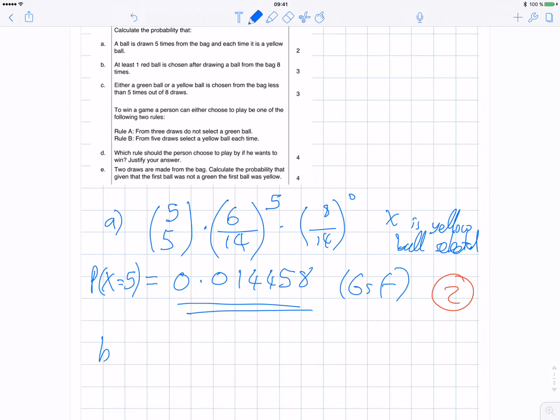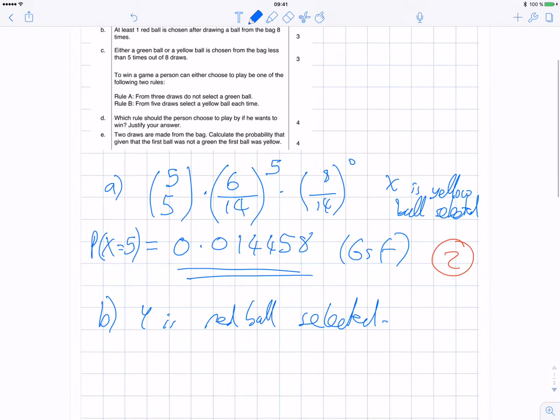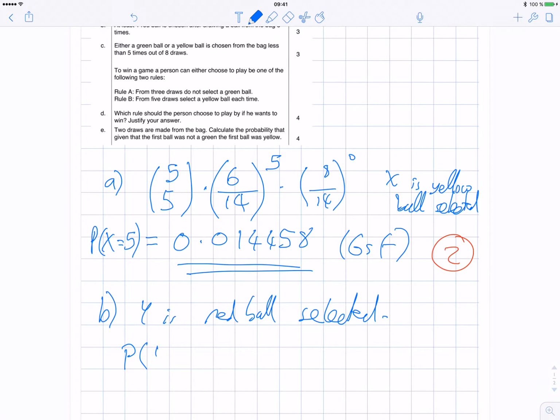Part B. At least one red ball is chosen after drawing a ball from the bag 8 times. So I need at least one red ball selected. I'm going to say Y is red ball selected. So the probability that Y is at least 1 is equal to 1 minus the probability.